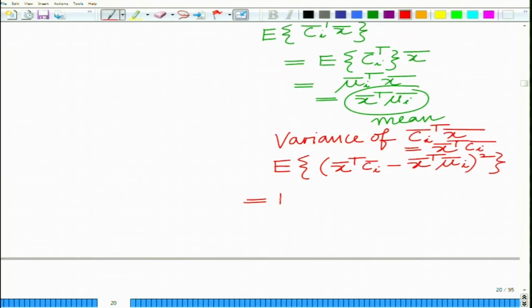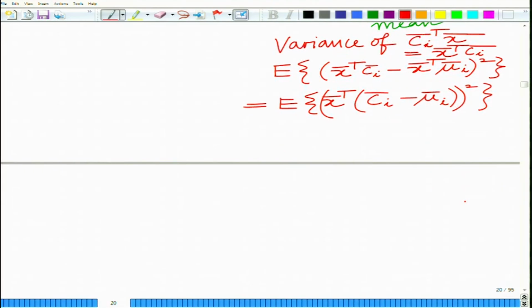Now, I can write this as the expected value of x bar transpose times C bar I minus mu bar I, whole square. Now, this is a scalar quantity, so I can write it as the quantity times its transpose, x bar transpose times C bar I minus mu bar I. This is a scalar quantity, or basically it is simply a number.